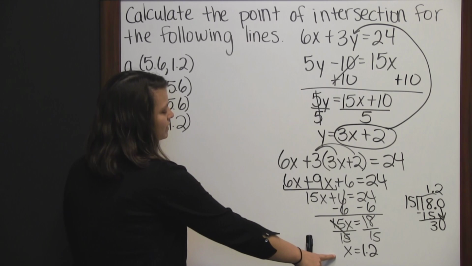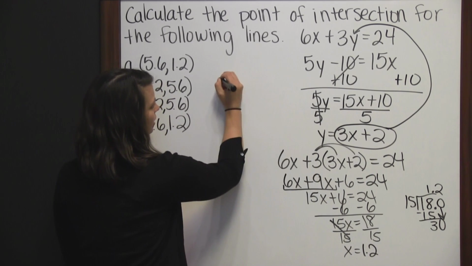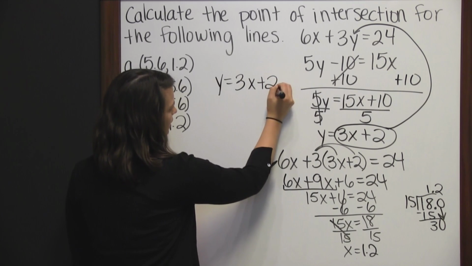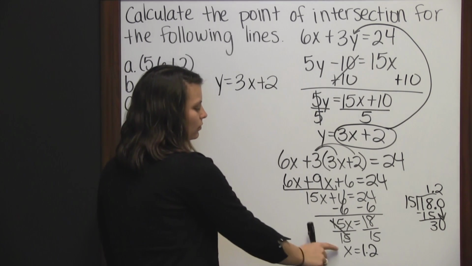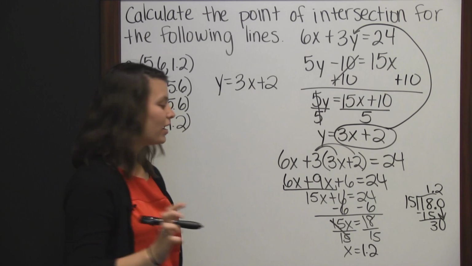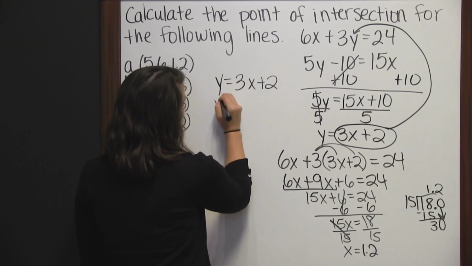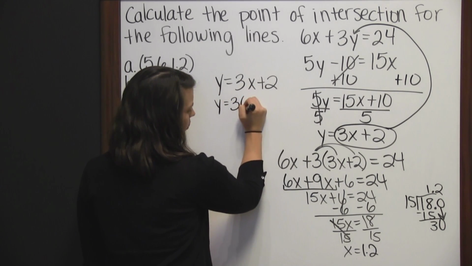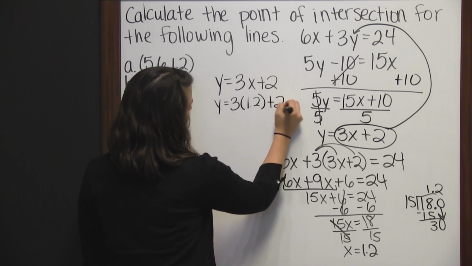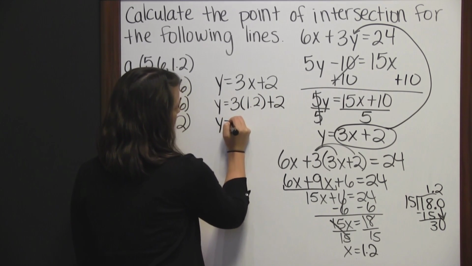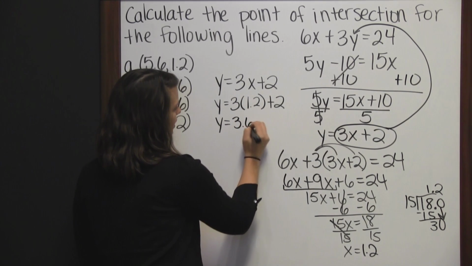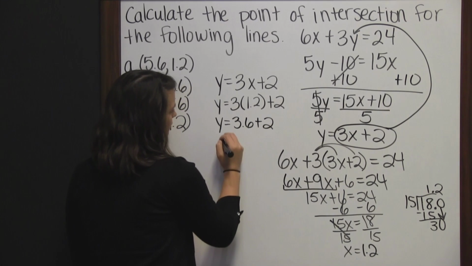Now that we know what x equals, we can use this equation, y equals 3x plus 2, and simply substitute what x is into this equation, and we'll have y. So I'm going to replace x with 1 2/10. So y equals 1 2/10 times 3 is 3 6/10 plus 2.